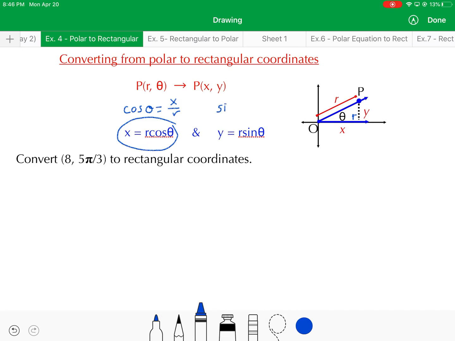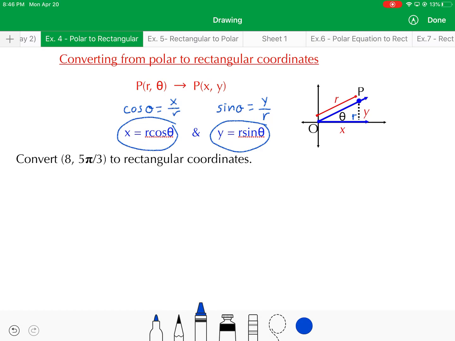Similarly, if I were to find sine of that angle theta, it would be equivalent to y over r. Solving that for y, I end up with y equals r times sine of theta. So these are your two conversion equations that relate x and y with r and theta.